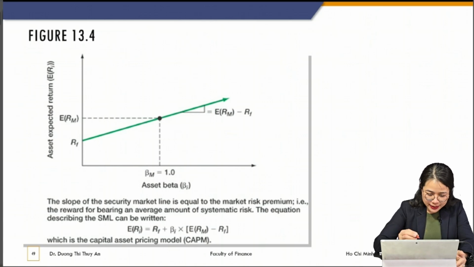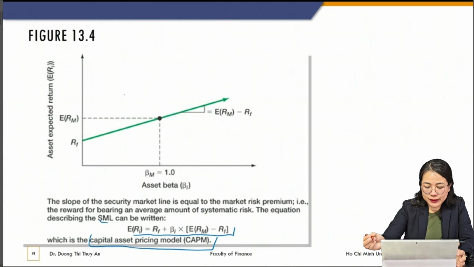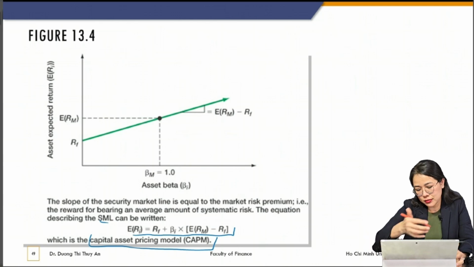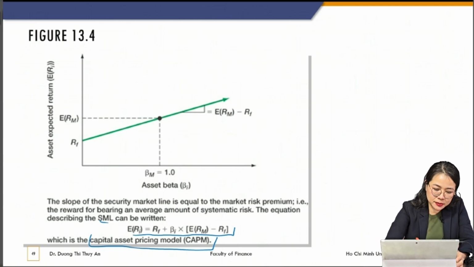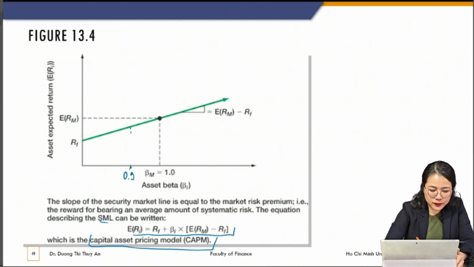The equation that describes the security market line can be rewritten as this, and we call this the capital asset pricing model. That's how we name it. So for any given asset, for example, if you check Vinamilk, the beta of Vinamilk is somewhere like 0.9.